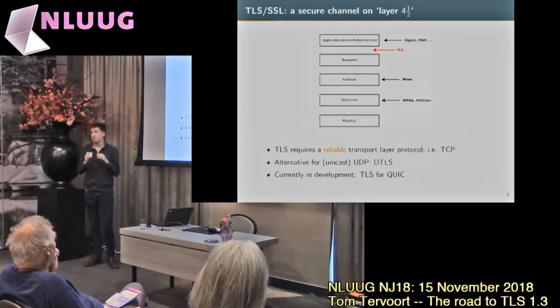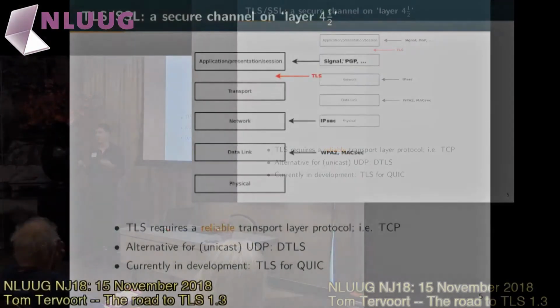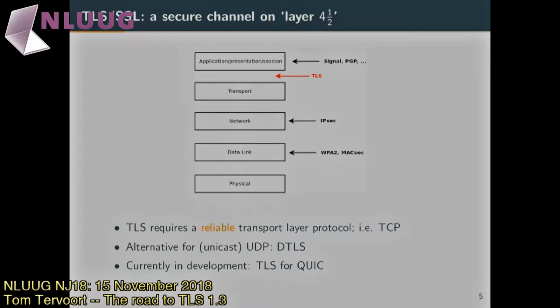So, of course, you could try to solve the problem of setting up a secure channel for web applications by building this into HTTP or a web protocol. But of course there's many other applications that would also benefit from a secure channel.